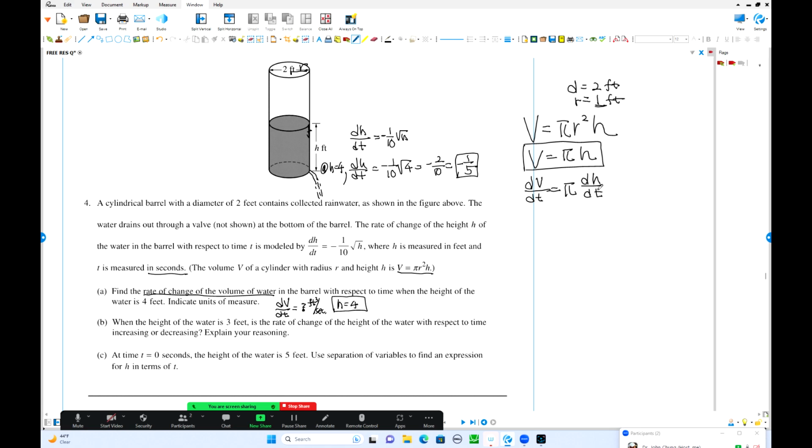At this moment h equals 4 and dh/dt equals negative 1 over 5, so dV/dt equals negative pi over 5 cubic feet per second. Are you okay with this?